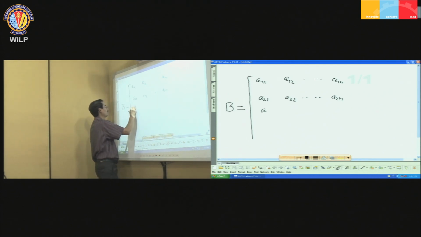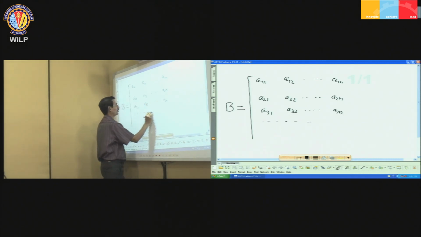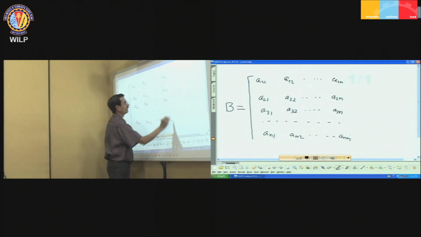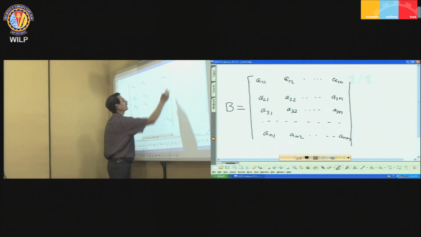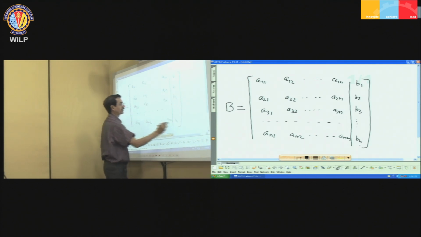I shall put one more, A31, A32 and so on and so forth, A3n and so on. This is your A, An1, An2, Ann, and the last column is in fact B1, B2, B3, and Bn. This is the augmented matrix.